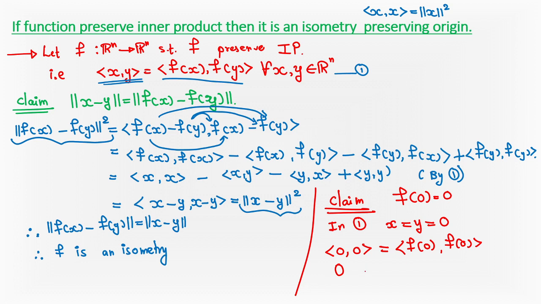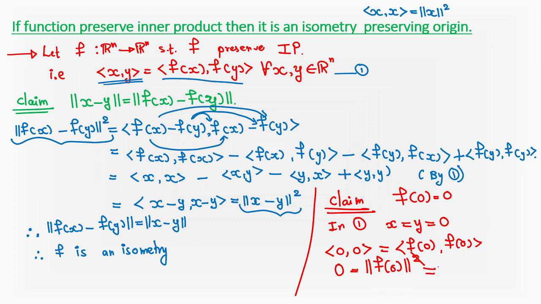Okay. Now, what is the other part? What is the right hand side? That is nothing but the norm of f of 0 the whole square. If I take the square root on both sides, the norm of f of 0 is 0. Can you tell me which vector has norm value 0? What is the possibility for it? Here f of 0 is a vector which has a norm equal to 0.